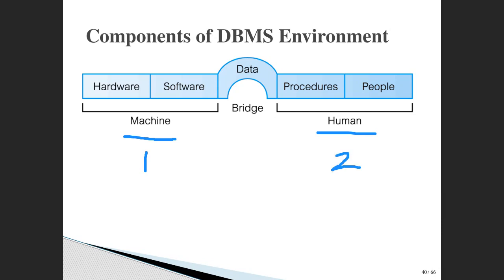And the other part on the right side is human. Human means people who are using the database system, like owners, managers, end users, administrators, and designers, for example.